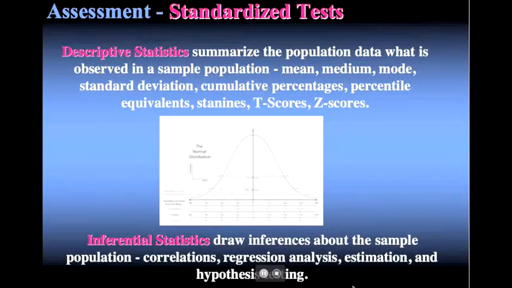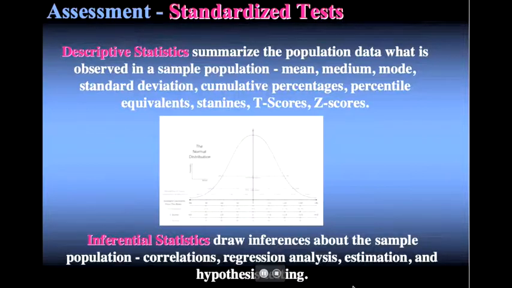When we look at how you analyze these types of tests, there are two types of statistics. Descriptive statistics simply summarize the data of the sample population. They're operations like figuring the mean, median, or mode, and the standard deviation.